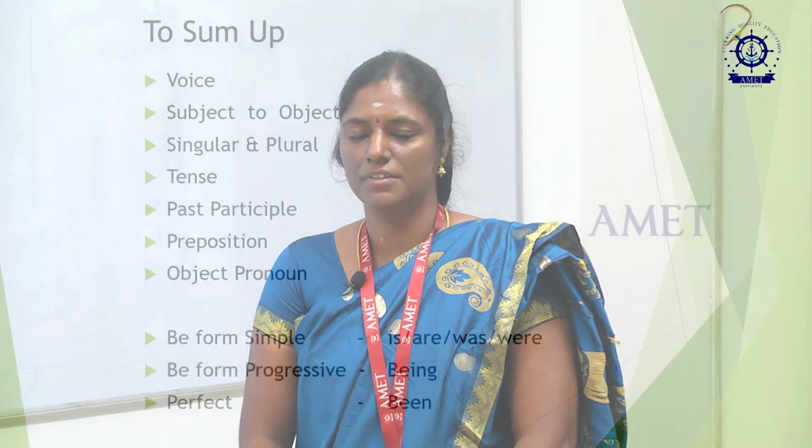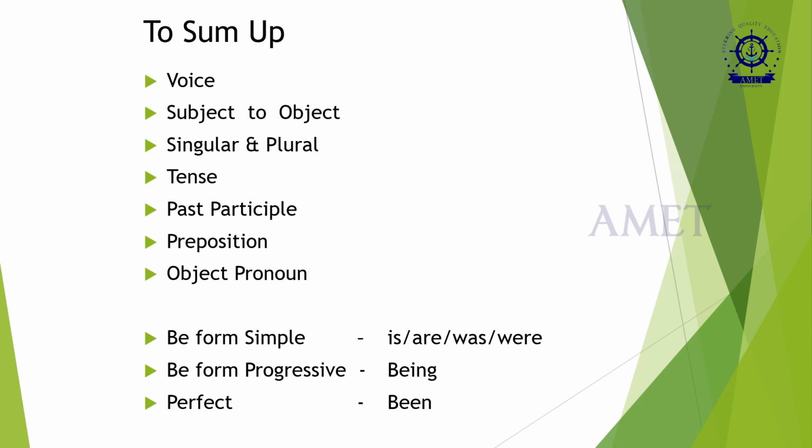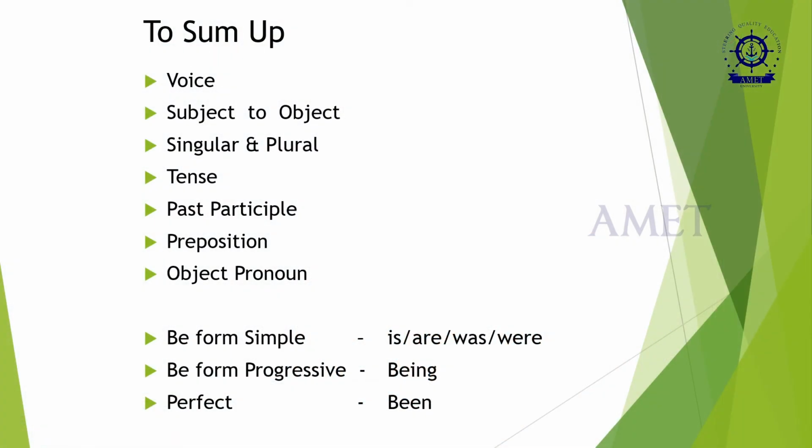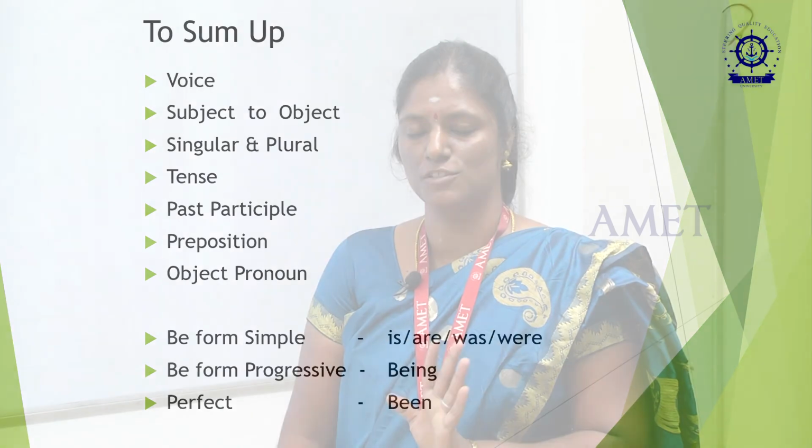Okay, now let's sum up the presentation. Voice is divided into two types, active voice and passive voice. Active voice has subject, verb and object, whereas passive voice is subject, auxiliary plus past participle, and then preposition and then object pronoun. That is the rule or structure for active and passive voice.